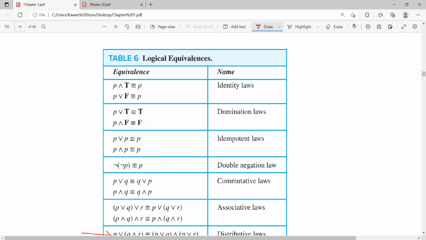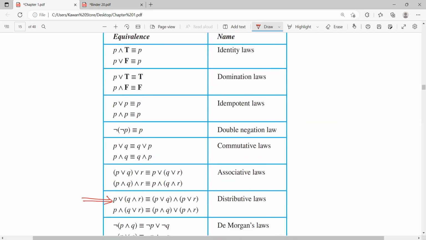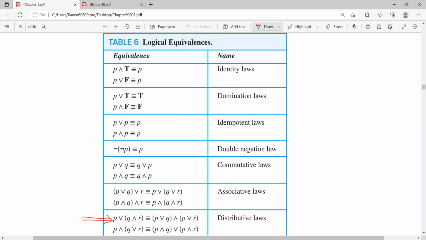So this one, I'm going to leave that one also for you, all of them for you, because they are not hard, but we are going to use them. For example, always P and T will give me P. Always P or F will give me P. You can do it. Can you do it? Did you understand what I mean by that?